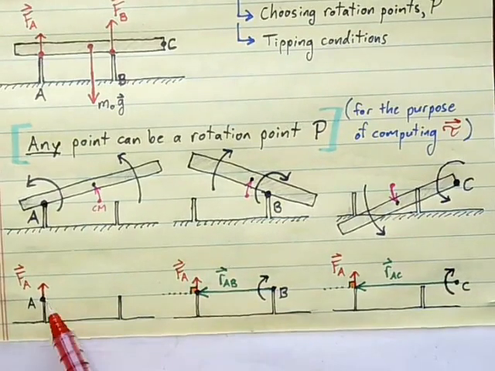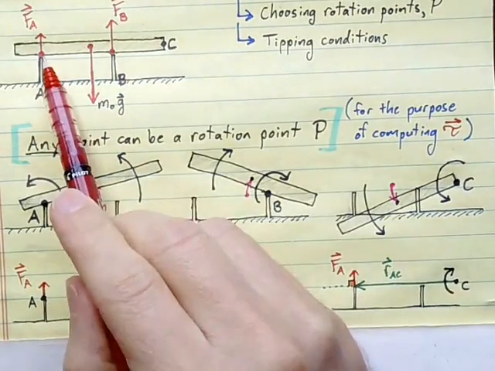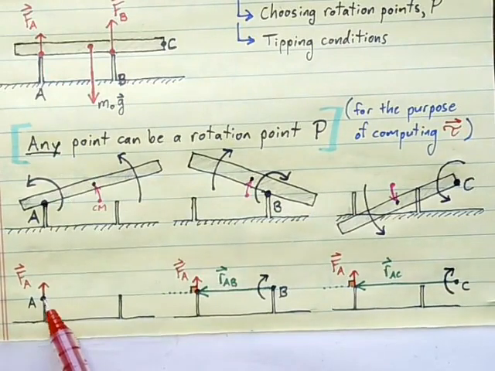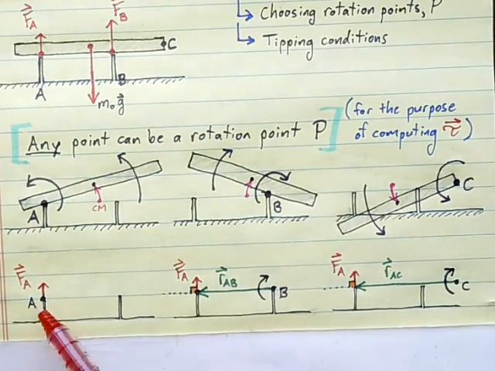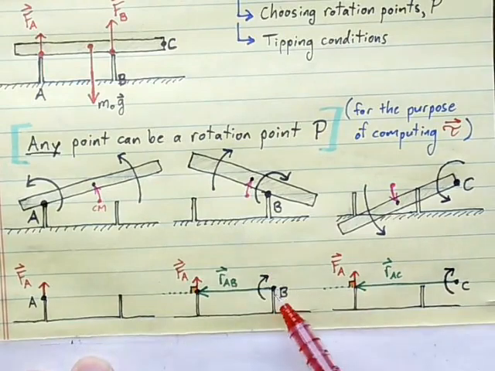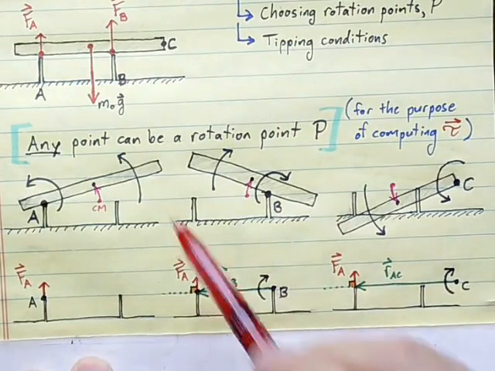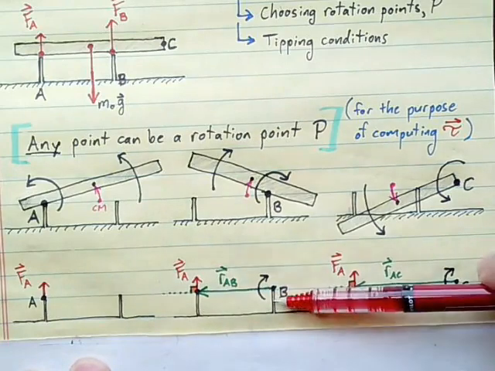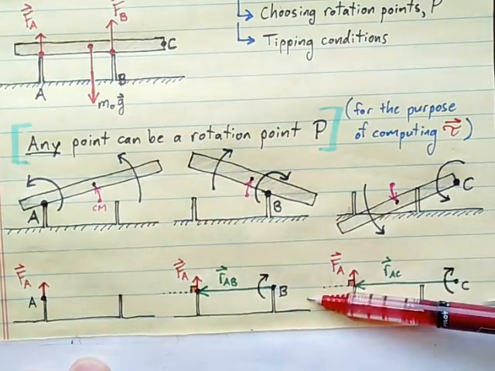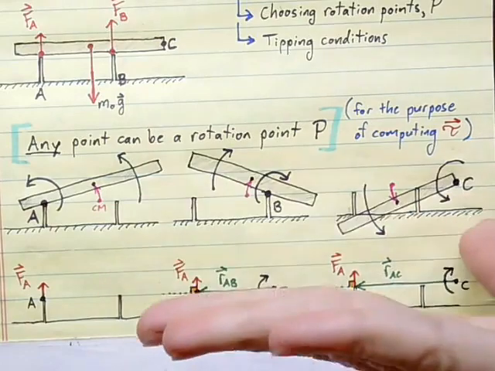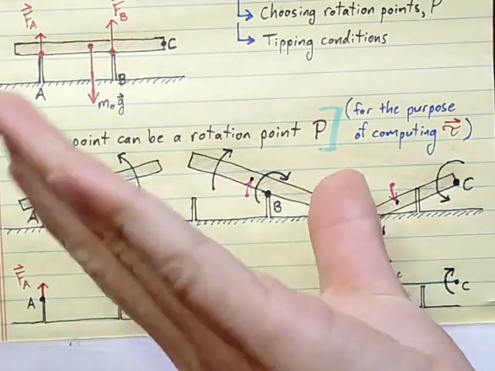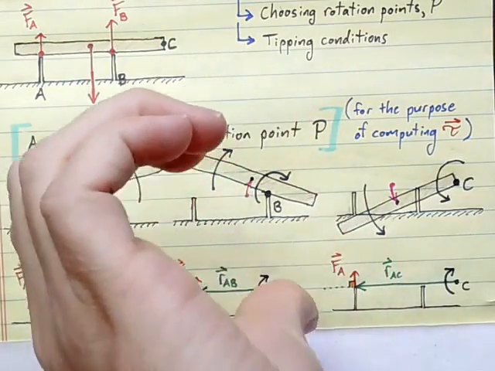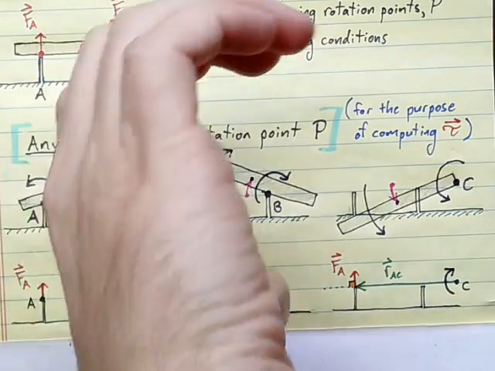If A is our point of rotation, then this contact force at A exerts no torque. It's acting right at the point of rotation. If B is our point of rotation, then this contact force FA would exert a clockwise torque around B. We would take R_AB crossed with FA, R cross F, thumb points into the board, clockwise rotation.